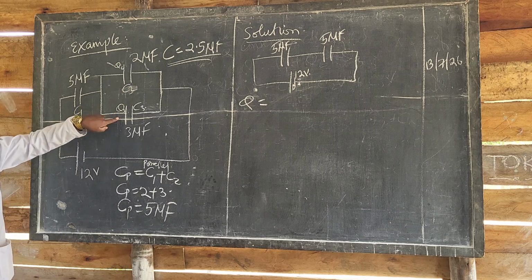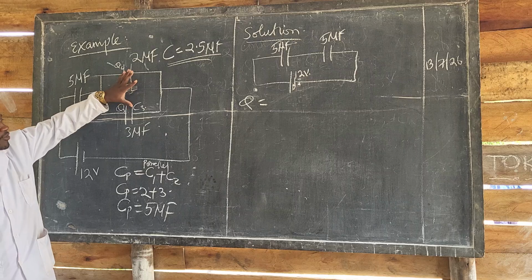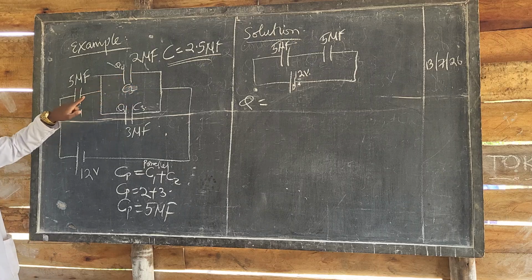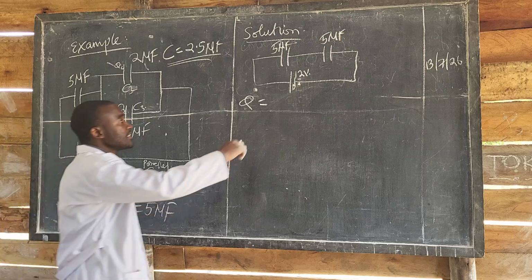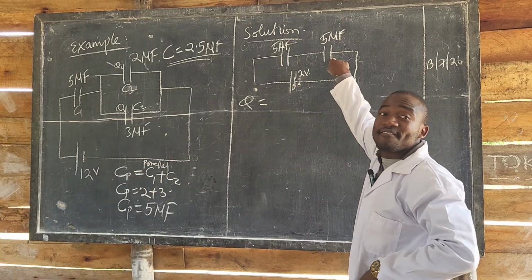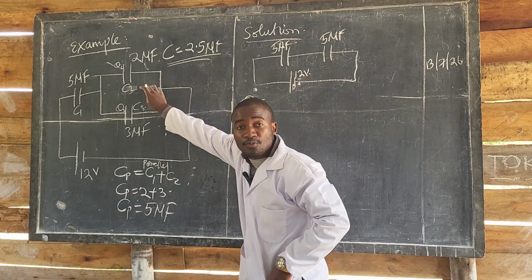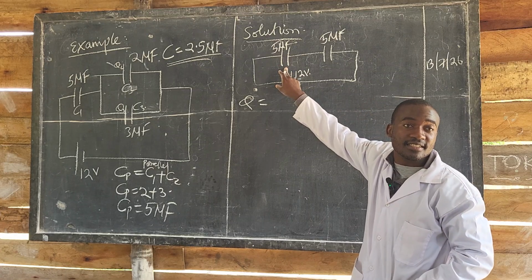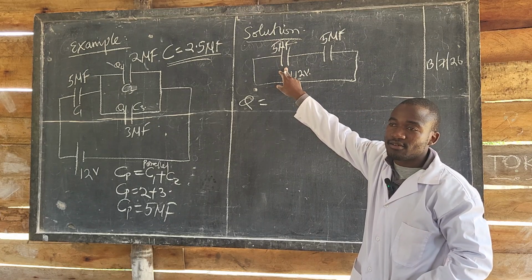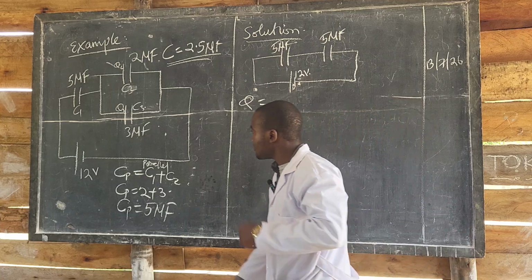But the charge on the combination of these two, the effective, is the same as the charge on this because they are in series. Are we together? So we start the game.